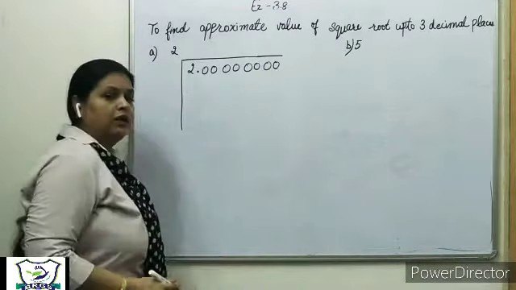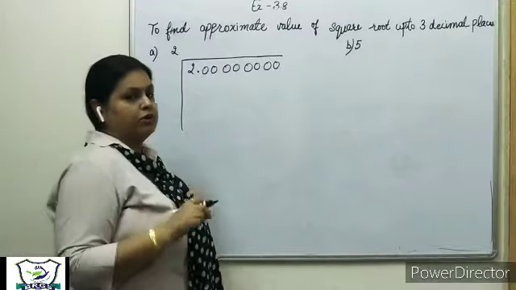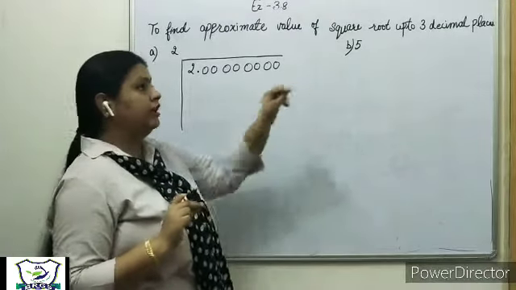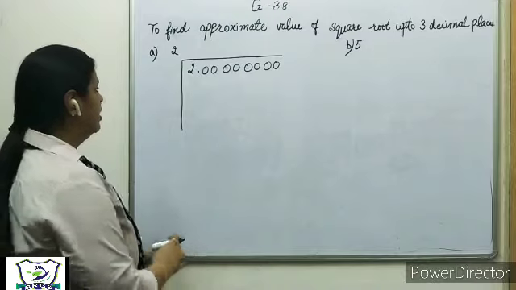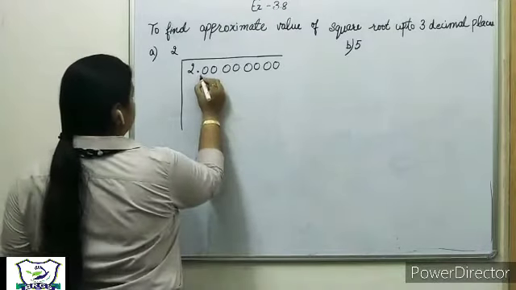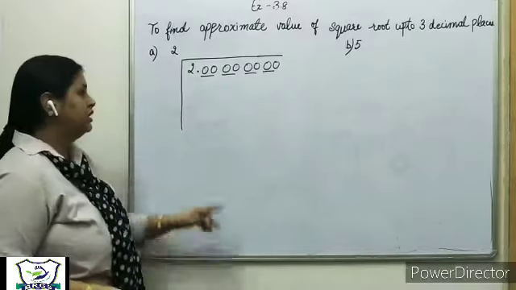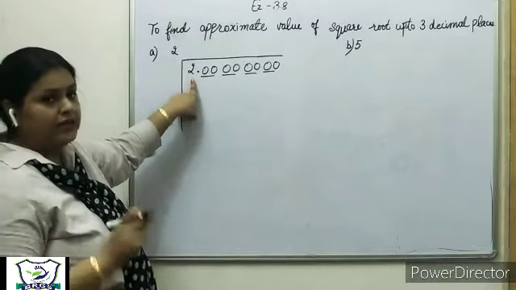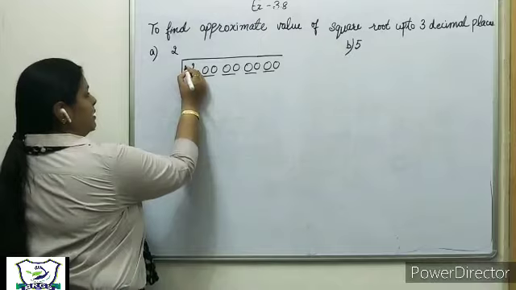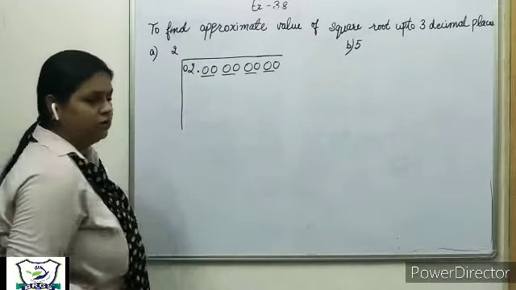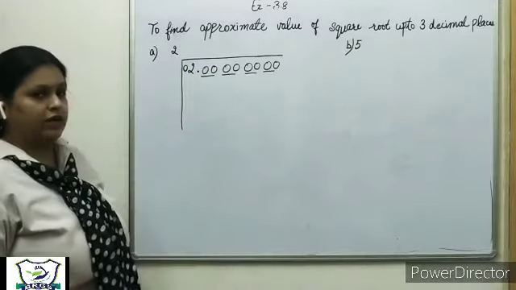Why the fourth pair? Because we have to find the approximate value of the square root up to 3 decimal places. Okay. So now this is the first pair, second pair, third pair and fourth pair, and this whole number part is a single number. To make it a pair, we will put 0 on the left side of the number.